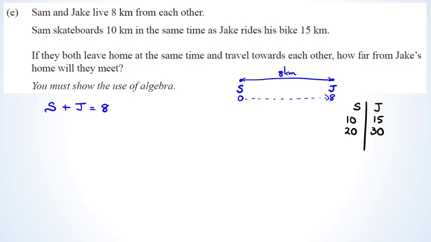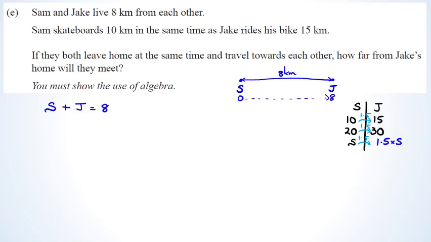So if I actually put Sam travels X, or S distance, what's Jake going to travel? Now I've got to look at the numbers here. So 10 to 15, I'm multiplying by 1.5. 20 to 30, I'm multiplying by 1.5. So in this case, I need to multiply by 1.5 as well, which means J is going to equal 1.5 multiplied by S.